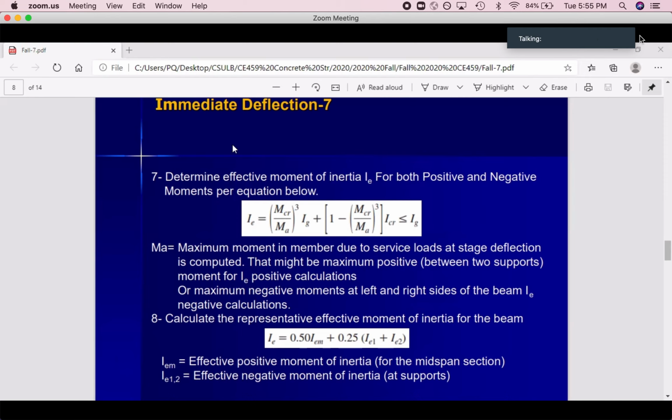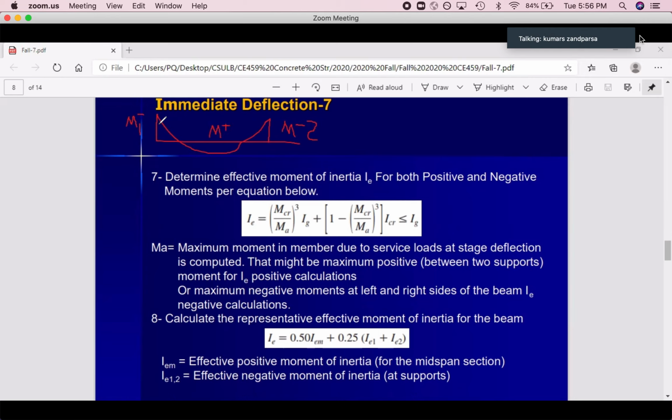Okay. So based on the moment diagram, I have to plot this one more time. I will go just with that case that we have. I will call this the unfactored moment, M1, M2. I like to see you are taking notes because these are the things that you might need. M positive here.